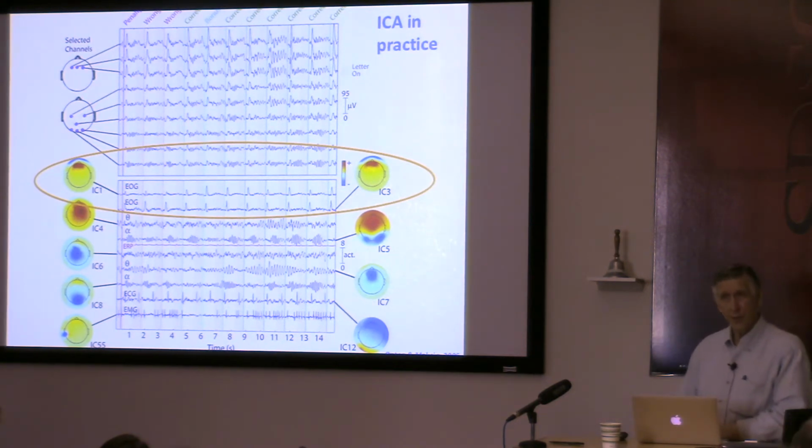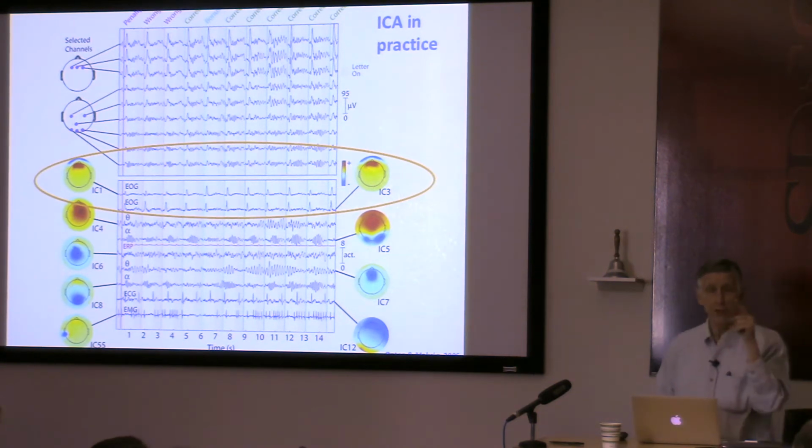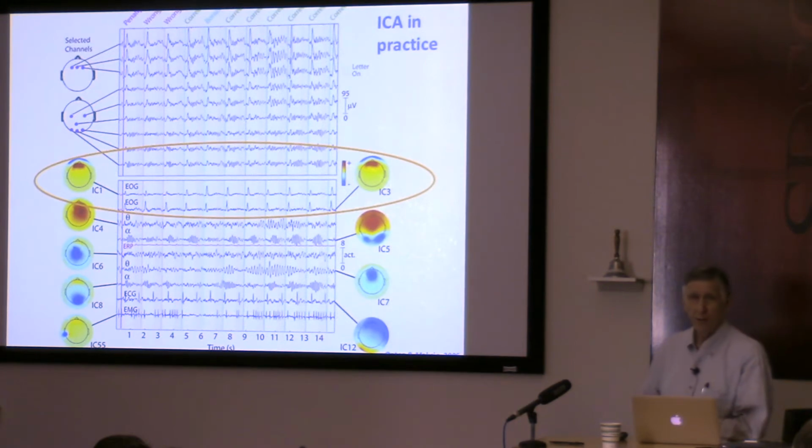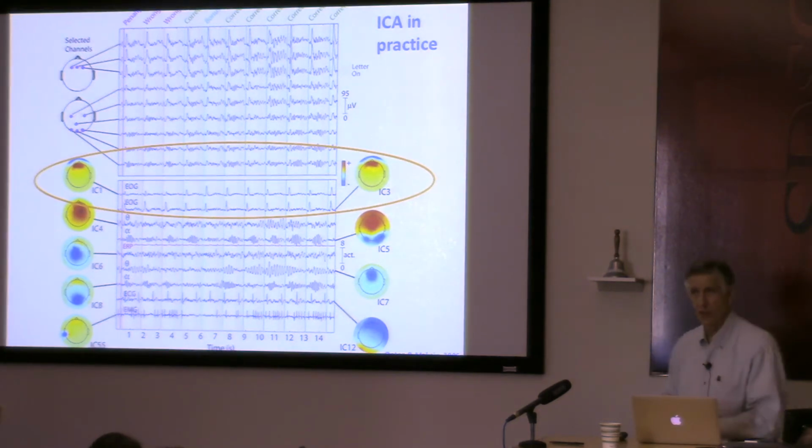And when those dependent subspaces have only one dimension, only one basis element, only one map, only one signal, then you call them an independent component. So the number of independent components in that sense is not necessarily the same as the number of channels when you do what's called a complete decomposition.